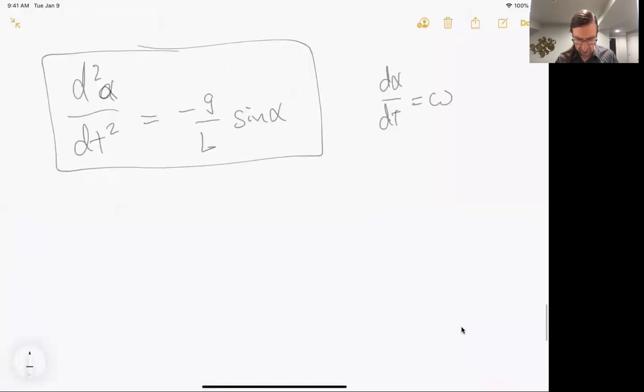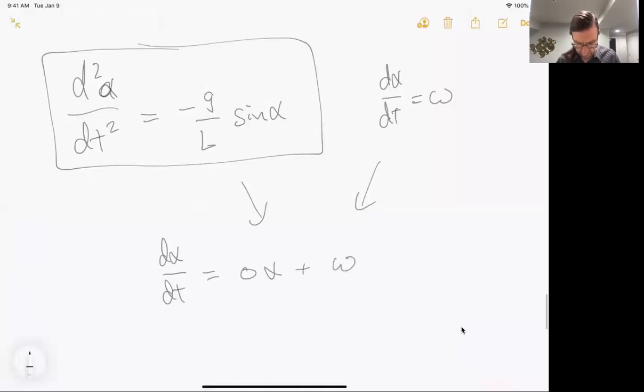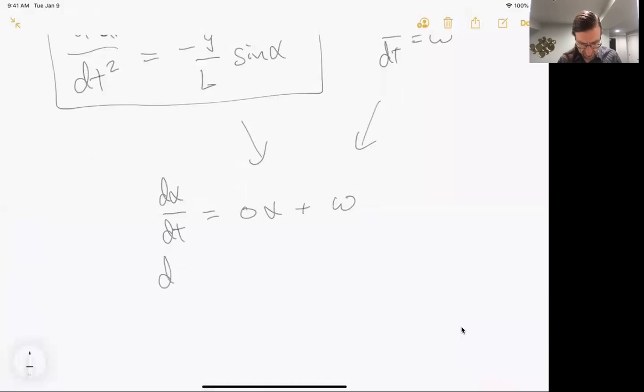Then we can rewrite this as the system d alpha dt equals 0 times alpha plus omega, and d omega dt equals minus g over L sine alpha, plus 0 times omega if you want.